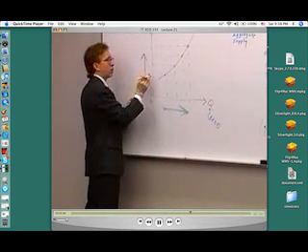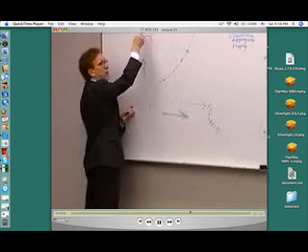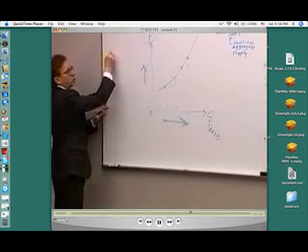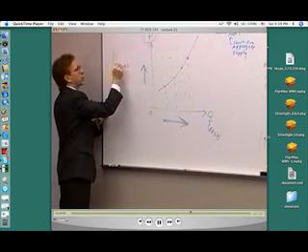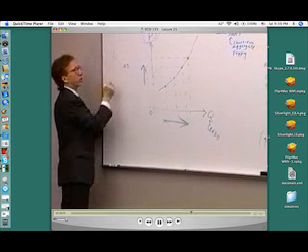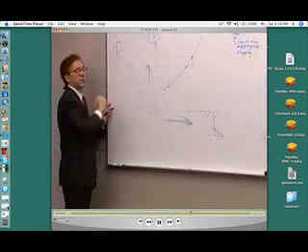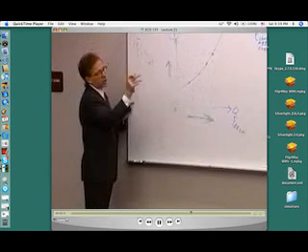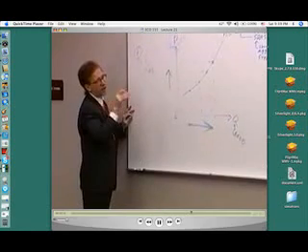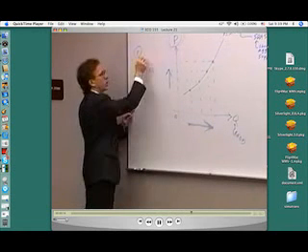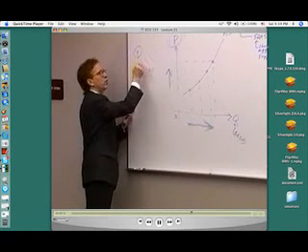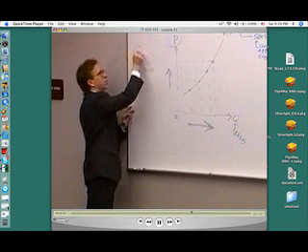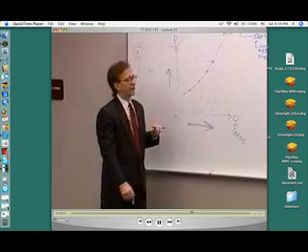A movement along the curve can only be caused by a change in the price level. By the way, it was the same thing with the aggregate demand curve. To move from one point to another along the aggregate demand curve, that would only be caused by a change in the price level. And then everything else, those things we talked about earlier about changes in household wealth and changes in interest rates and so forth, those shift the curve.